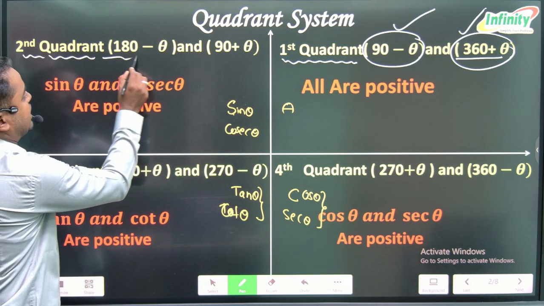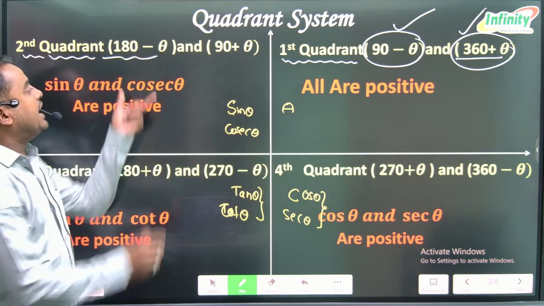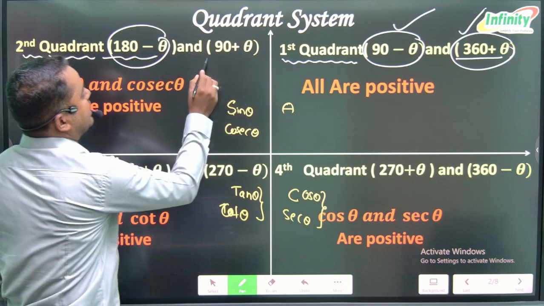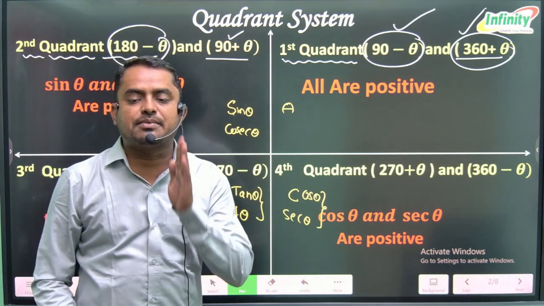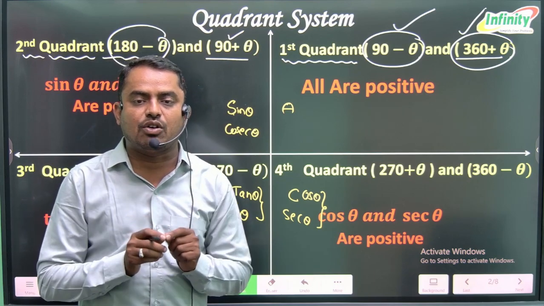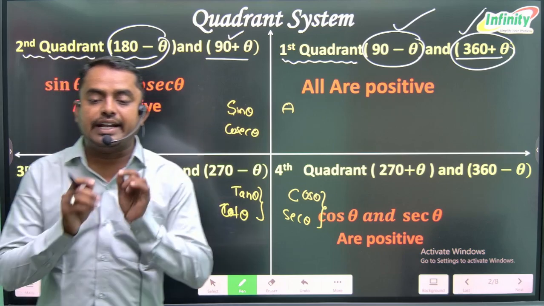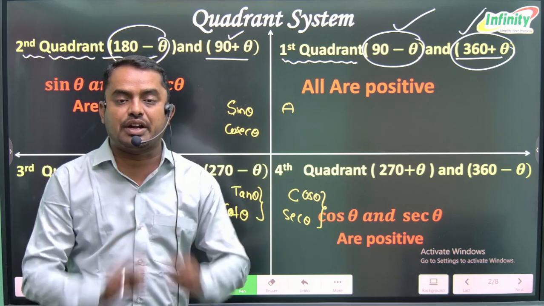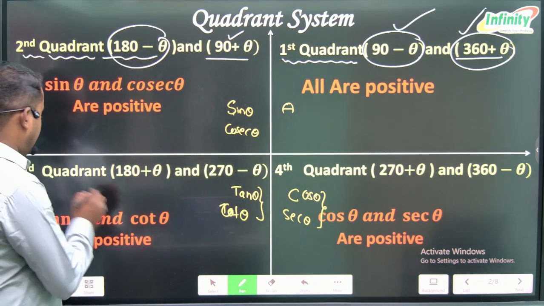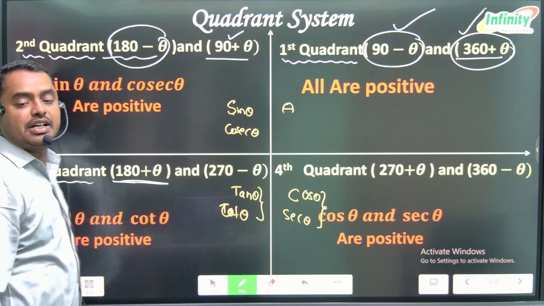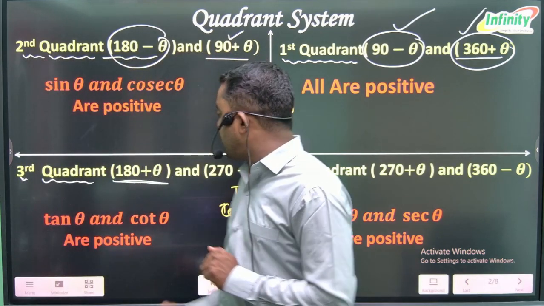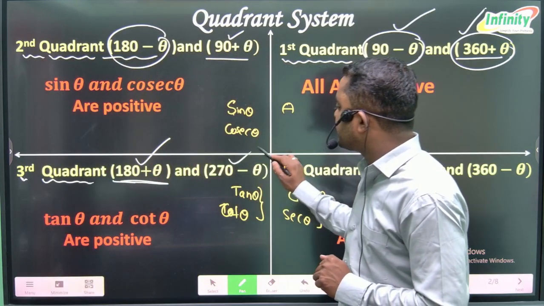And in the second quadrant, we say 180 minus theta and 90 plus theta. 180 minus theta and 90 plus theta means second quadrant. And the third quadrant means 180 plus theta and 270 minus theta.